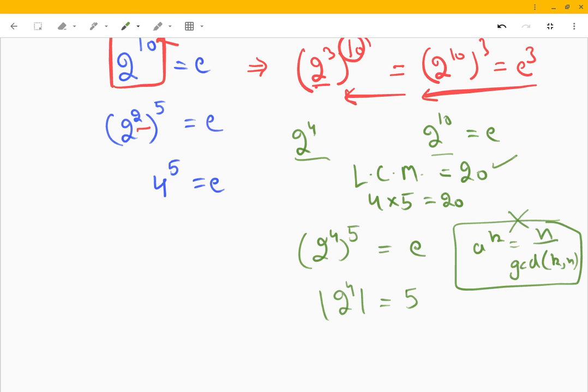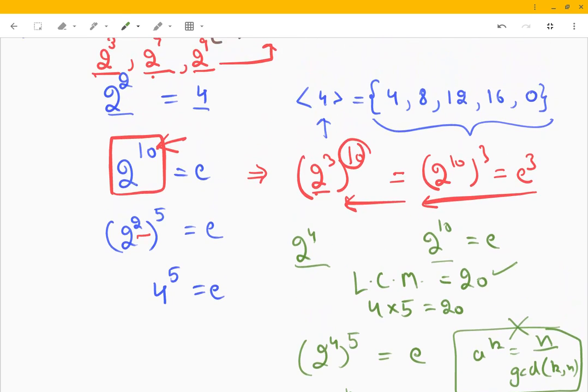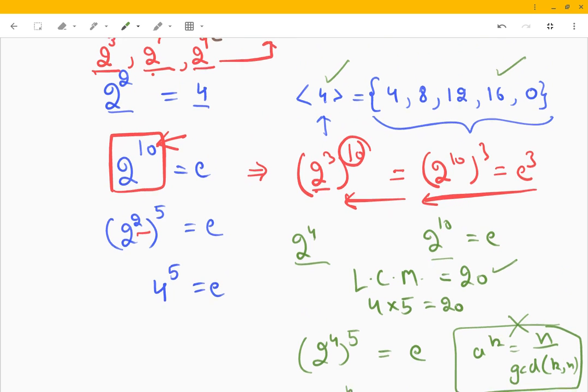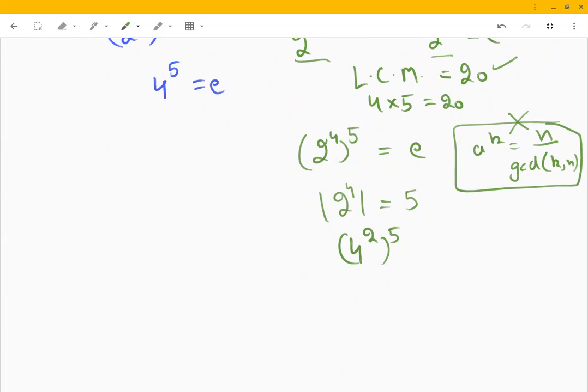So what will this be? Now see, 2 raised to the power 4 is actually 4 raised to the power 2, raised to the power 5. And we already saw the cyclic group of order 4 is this subgroup. Now let's see what this is. It should be the same.